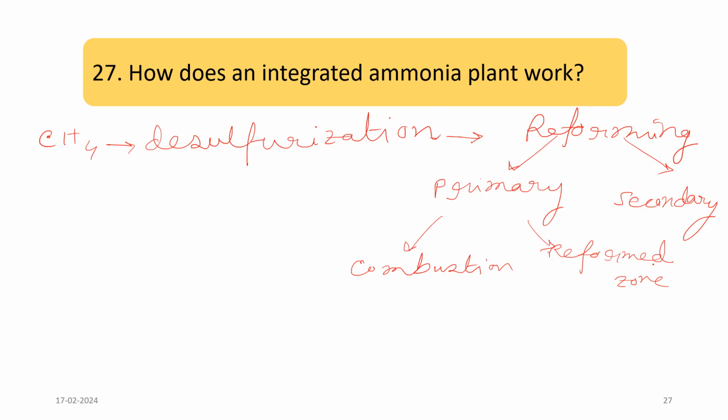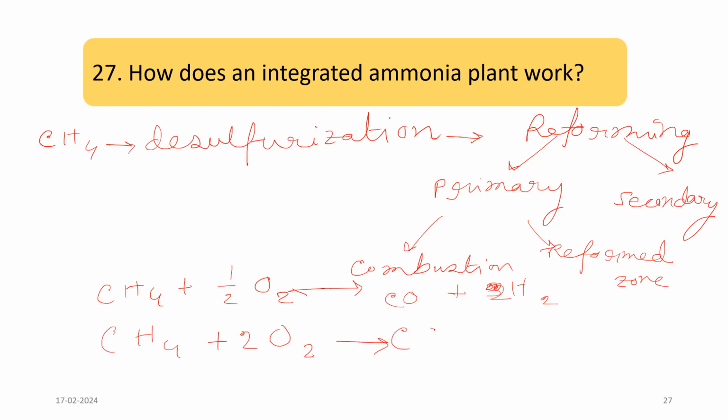In the combustion zone, CH4 partially reacts with oxygen and produces carbon monoxide and 2 moles of hydrogen, or methane can be fully oxidized to produce carbon dioxide and 2 moles of hydrogen.